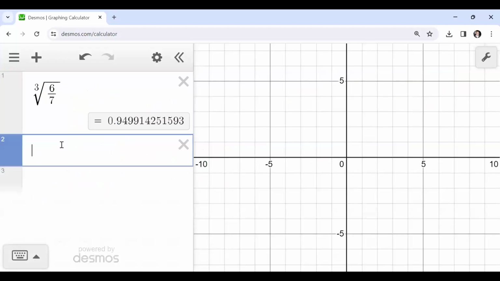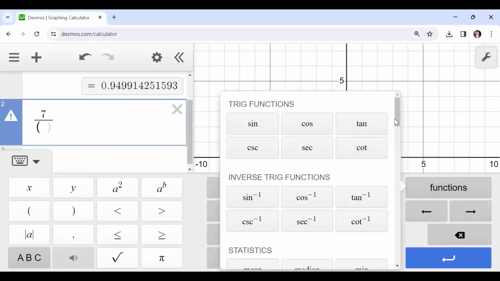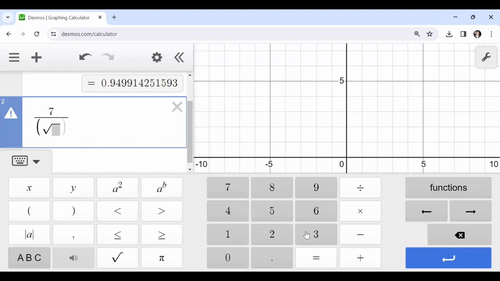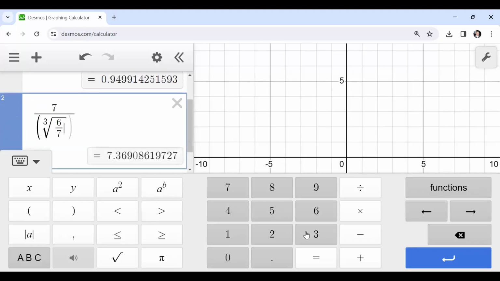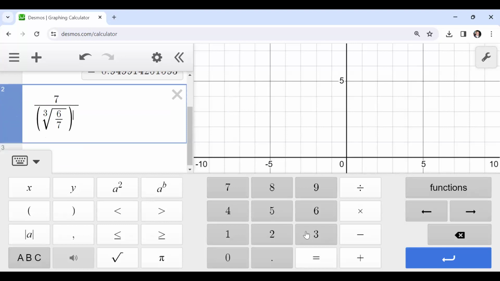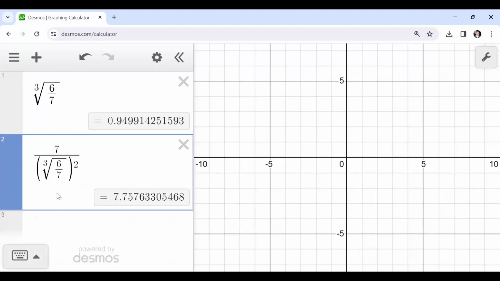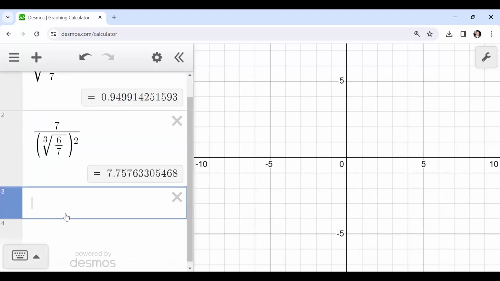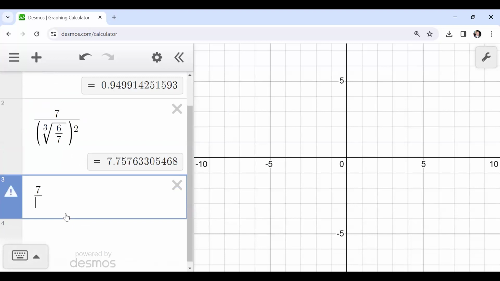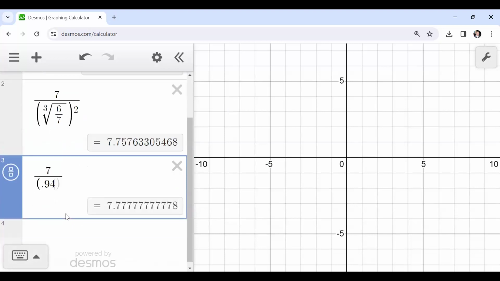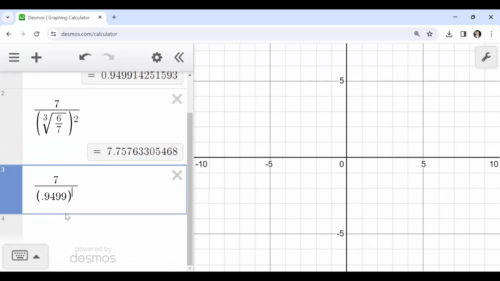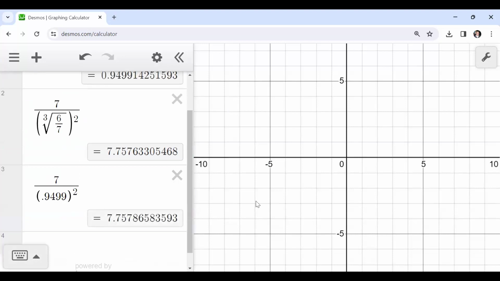So the first one was 7 divided by the cube root of 6/7 raised to the 2nd power, which gives us 7.758. If I use the decimal approximation, so the 0.9499 to the 2nd power, notice that we get something very similar, 7.758.